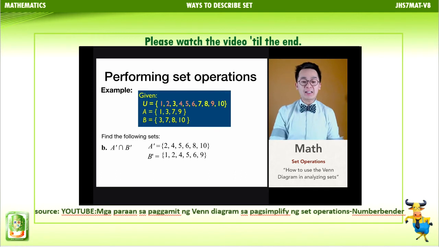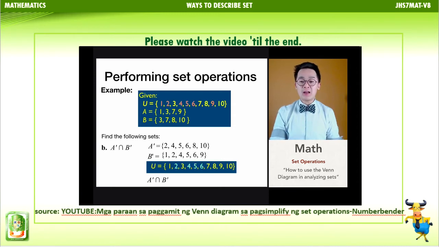At since kailangan natin kunin yung intersection niya, so ibig sabihin, kung ano yung distinct element ng complement ng A at distinct element ng complement ng B na parehas doon sa ating dalawang subsets, yun yung kukunin natin. At ang mga distinct numbers na yan ay yung mga numbers na 2, 4, 5, and 6.